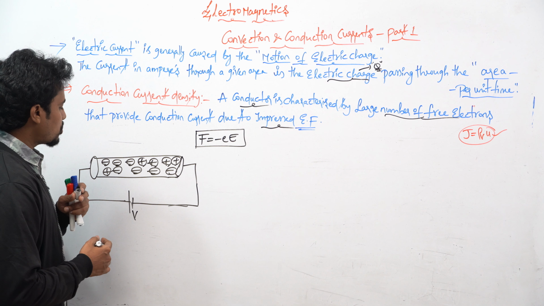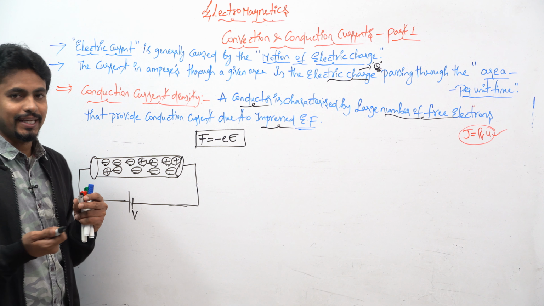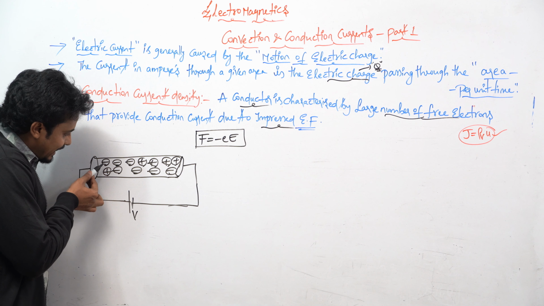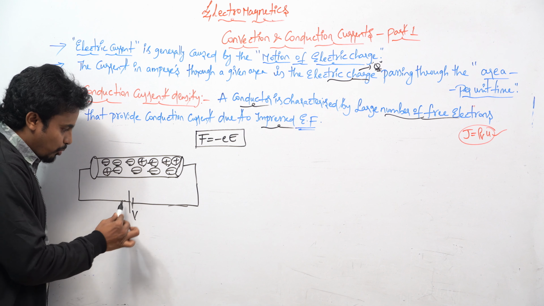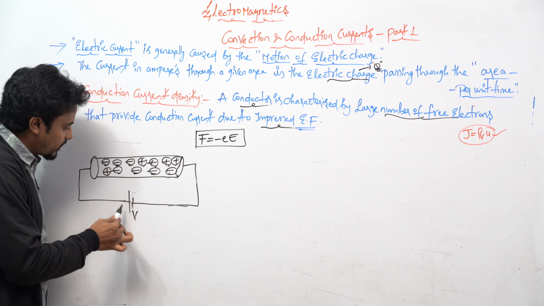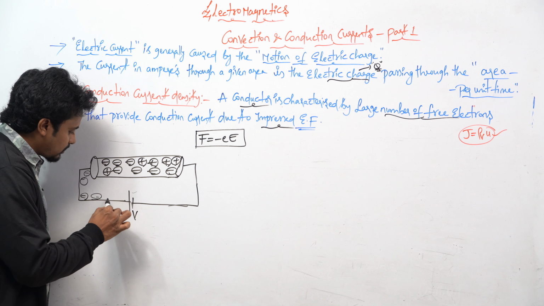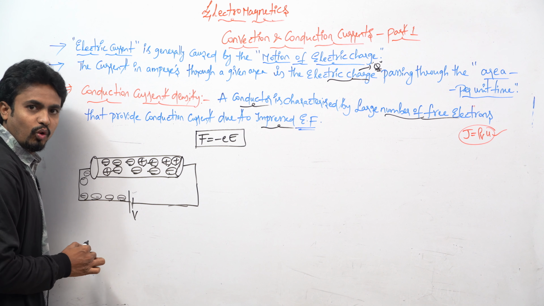Now, when you give the supply voltage, these electrons see this positive voltage and are attracted towards it. That means the electrons flow like this towards the positive voltage.